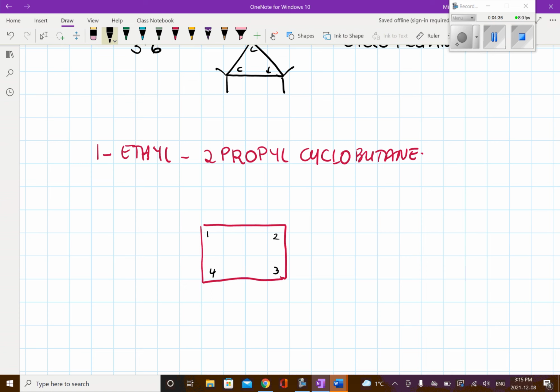And then here we will have on the first position the first branch, which is an ethyl, so C2H5.